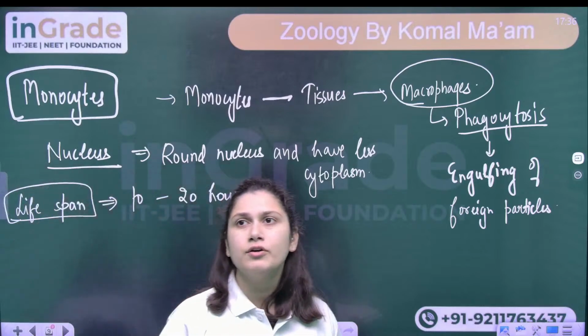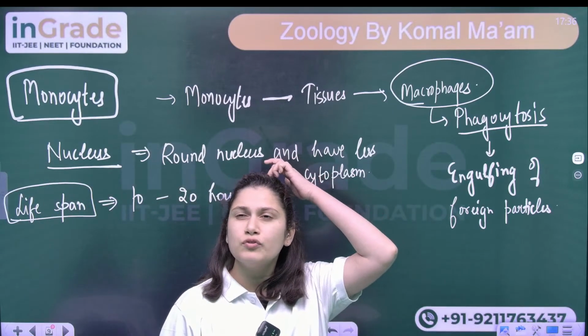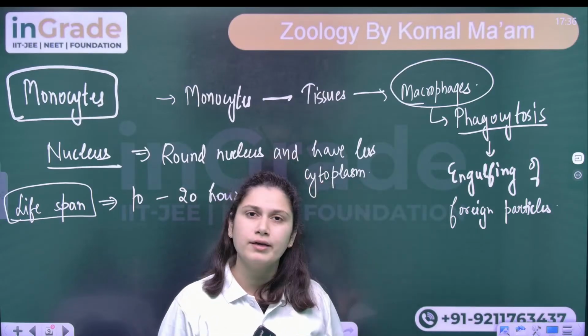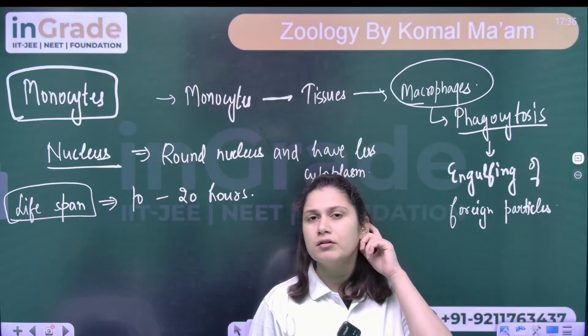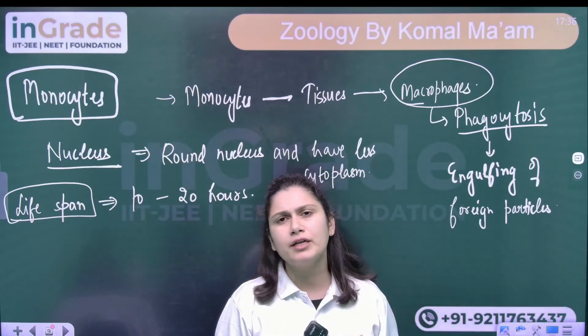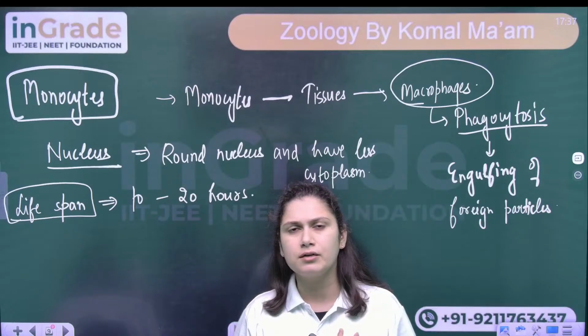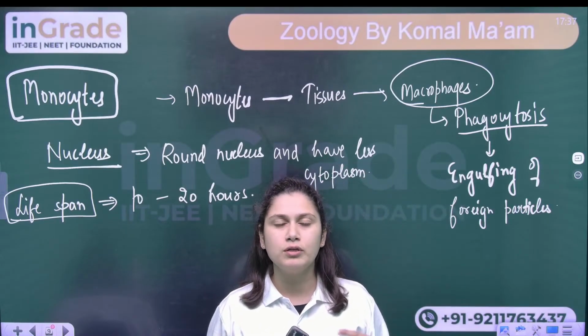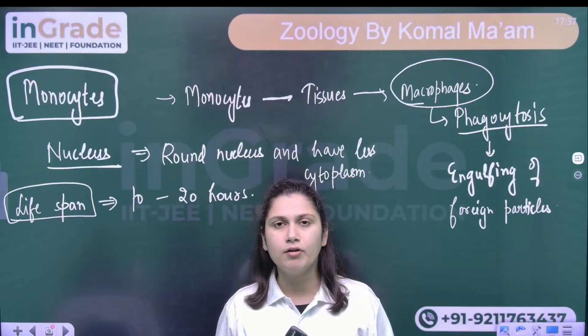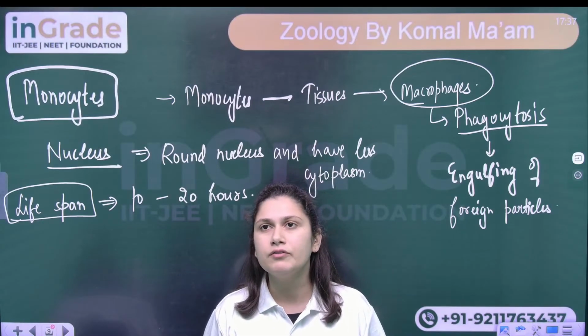Surendra Seni, your question is which type is useful for phagocytosis or protection from virus? Basically, if you are talking about virus, then for phagocytosis we have two types of cells. One is neutrophils and second is macrophages, but they are applicable on different levels, which we'll discuss in later classes.